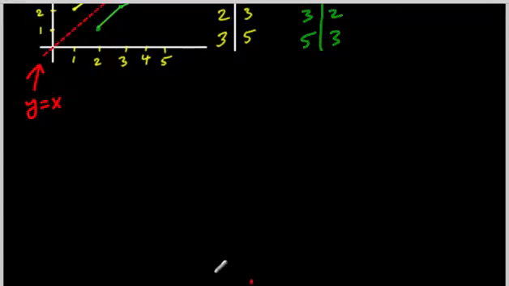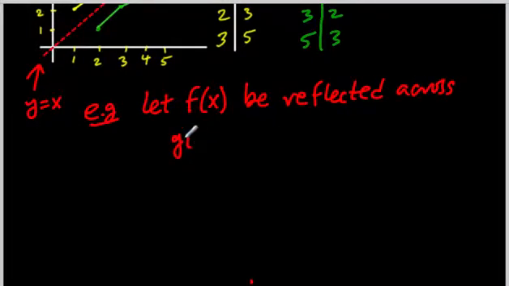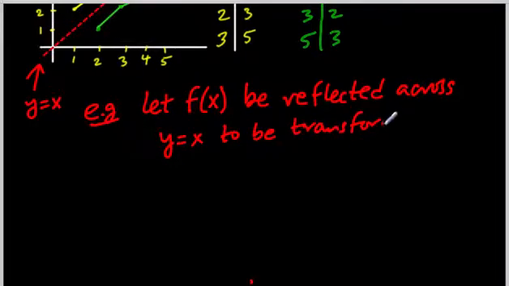So one of the ways to express the inverse, here's an example. Let's say there's a function f of x. Let f of x, any function, be reflected across y equals x to be transformed to g of x.